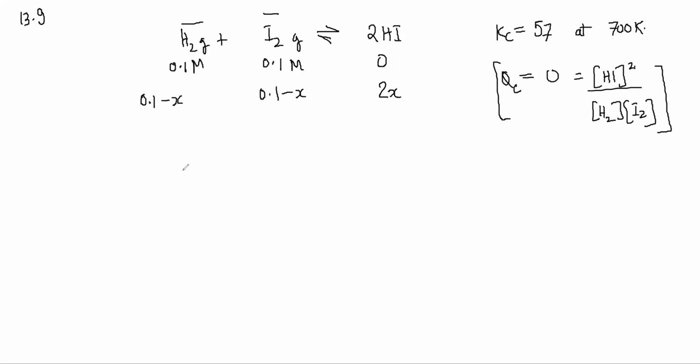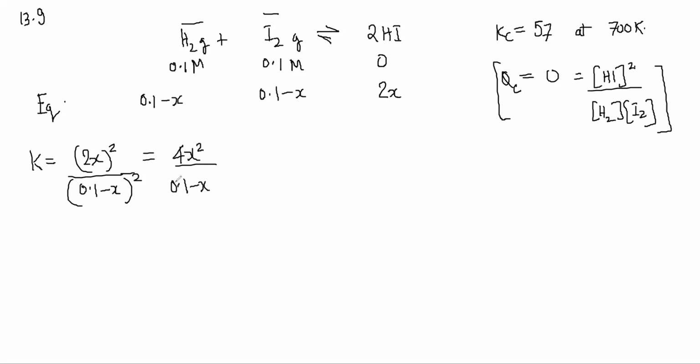So let's say this is at equilibrium. Then your K expression becomes 2x whole square by 0.1 minus x whole square, so you get 4x square by 0.1 minus x whole square.